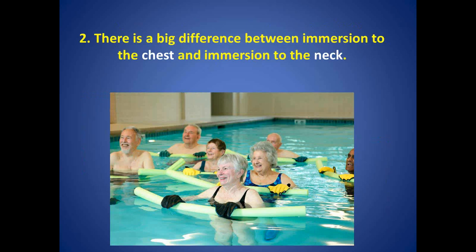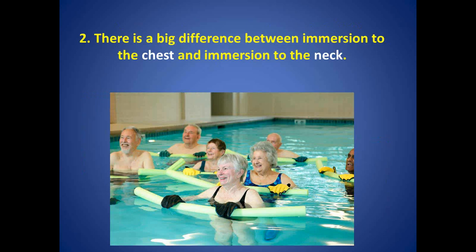Okay, secondly, there's a big difference between immersion to the chest and immersion to the neck. Again, if you want the specifics on this, look at the paper. When someone is immersed to the chest, they're getting a large volume shift, yes. But the amount of shift in volume that occurs being immersed to, say, the nipple line versus being immersed to C7 is dramatically different.